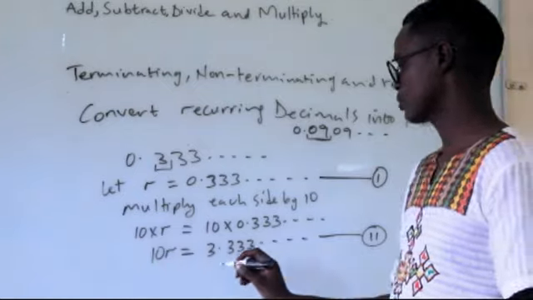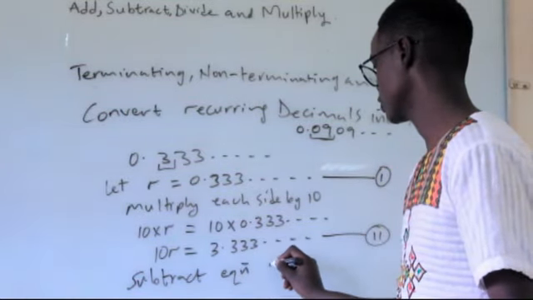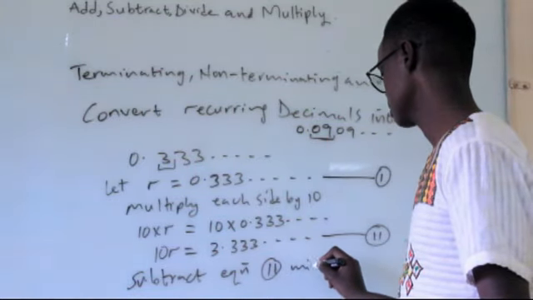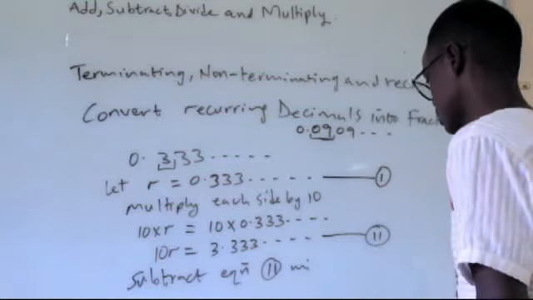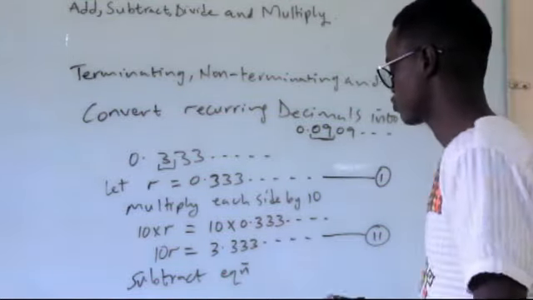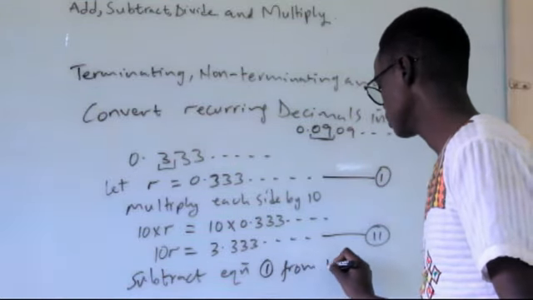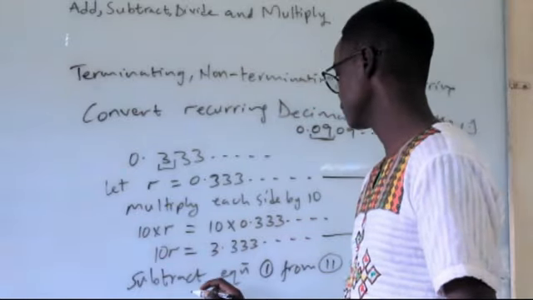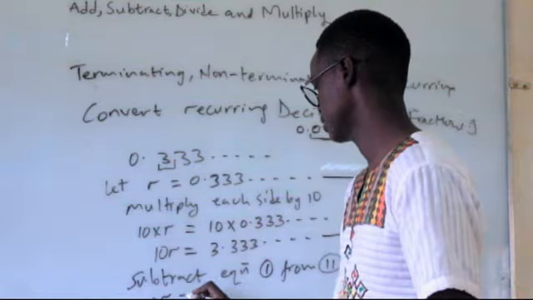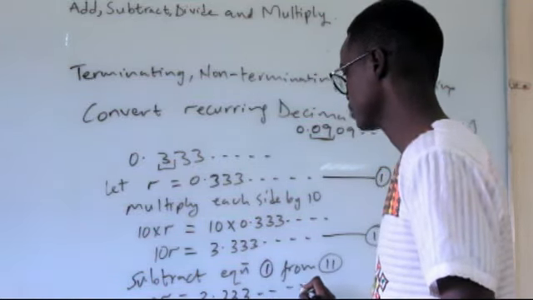So we are going to subtract equation 1 from equation 2. We have 10r equals 3.333 and the values.